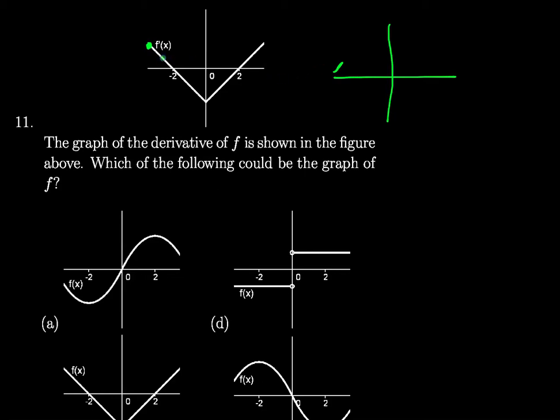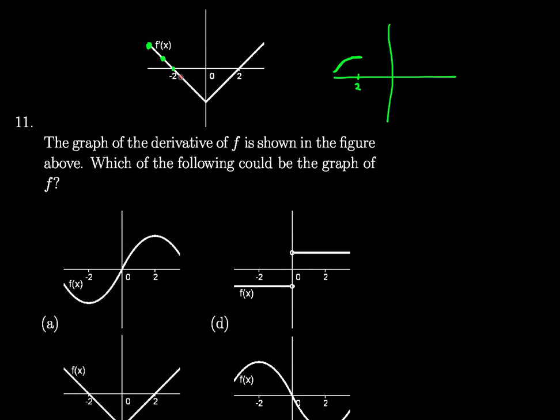And as I get closer and closer to 2, you can see that it starts leveling off, so this should start curving back down until when I get to 2 and the derivative is 0, I get a horizontal tangent. So that happens at 2.